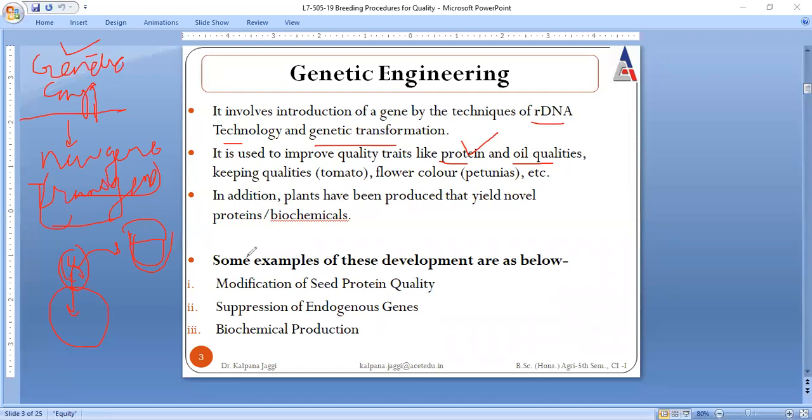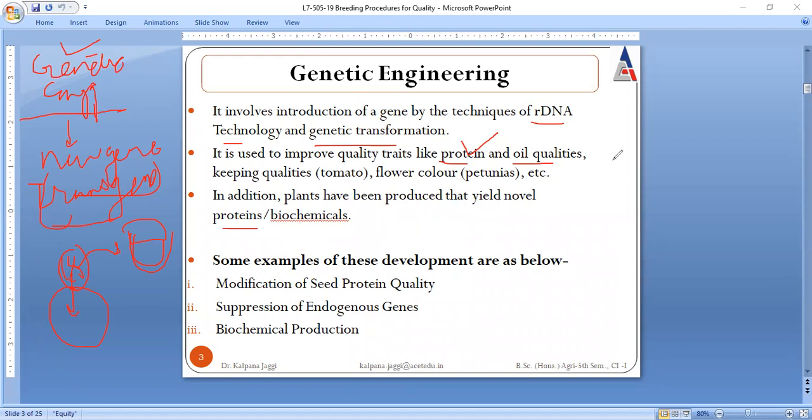Sometimes when we go for genetic engineering, it is not always modification, we are going for suppression. Sometimes, as I discussed in the third methodology, that is biochemical production, as a result of integration of this transgene into the host cell, there is production of newer biochemicals, or say proteins.